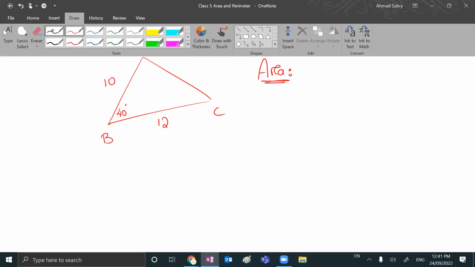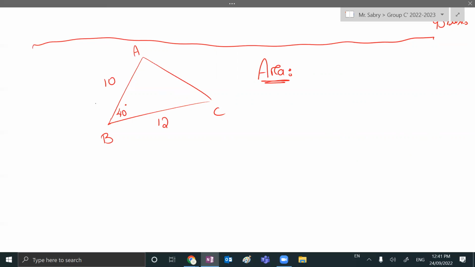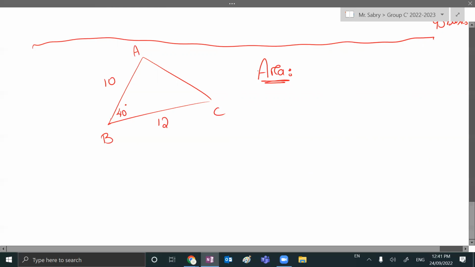So listen, please, to this one very carefully. There is a rule to find the area of any triangle whatsoever using 2 sides and the angle in between. So I can only use this rule if I have 2 sides given and the middle angle.